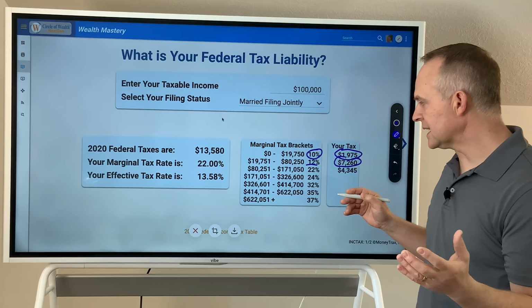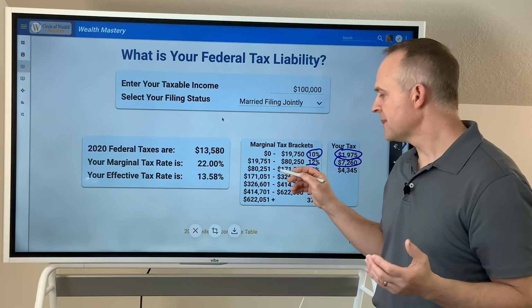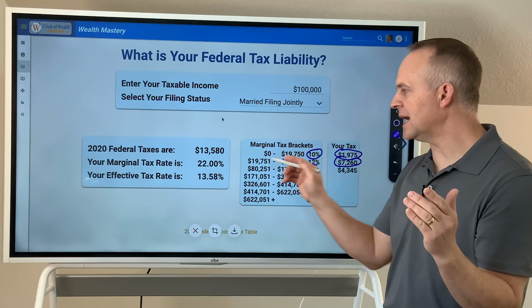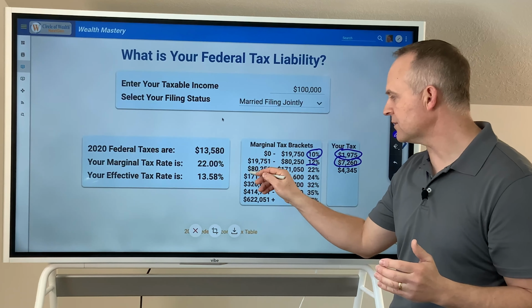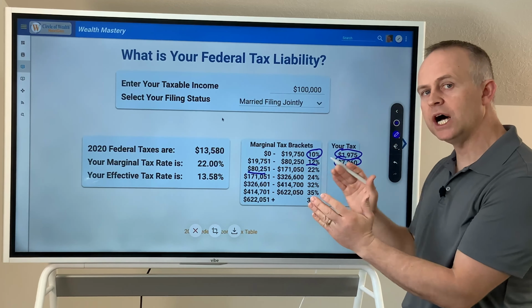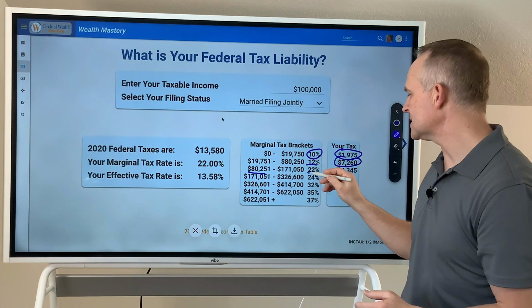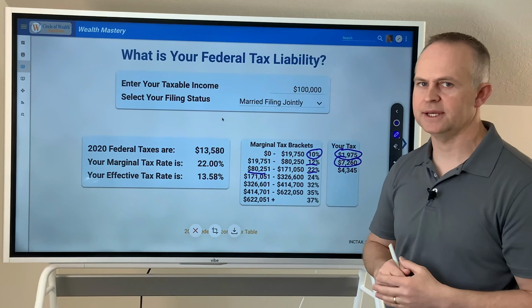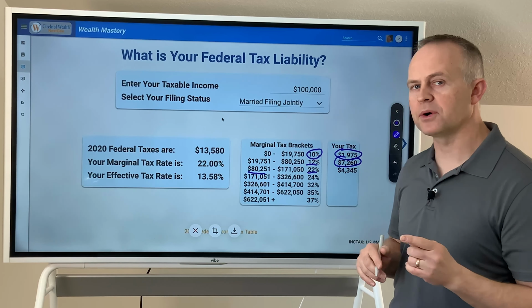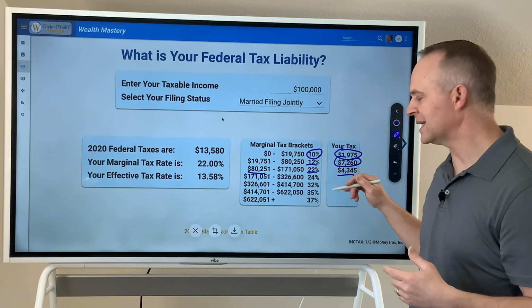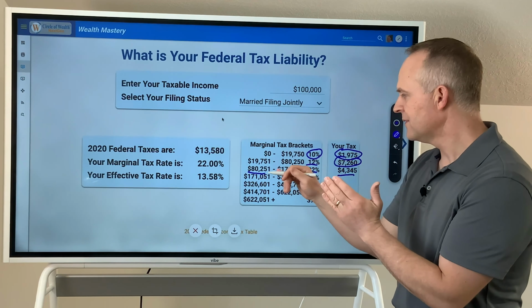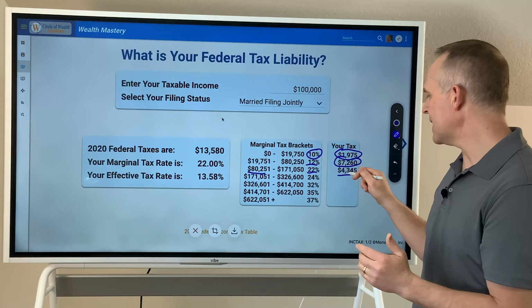So finally, for this particular client, the money that they make from $80,000 up to $100,000, because this client's only at $100,000, right? So the amount of money they make from $80,000 up to $100,000 is going to be taxed at that 22% rate. Now, this is extremely important to understand because, and that's why that number's smaller, because it's on less money. It's only on the $80,000 to $100,000, and that's why that's smaller.